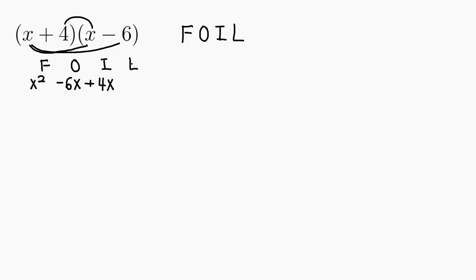And lastly, we have L, which is last, so 4 multiplied by negative 6. That gives us negative 24, which means our final answer is going to be this, but simplified. So we have x squared, we have negative 6x plus 4x, which is negative 2x, and we have negative 24. Our final answer is x squared minus 2x minus 24.